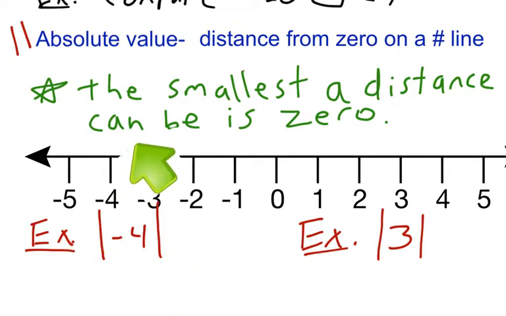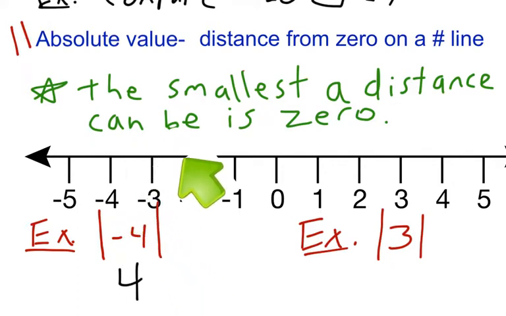How far is -4 from 0 on the number line? And what do you think? If you said 4, you are correct. And that's because it's 1, 2, 3, 4 away from 0. So everything is in relation to 0.